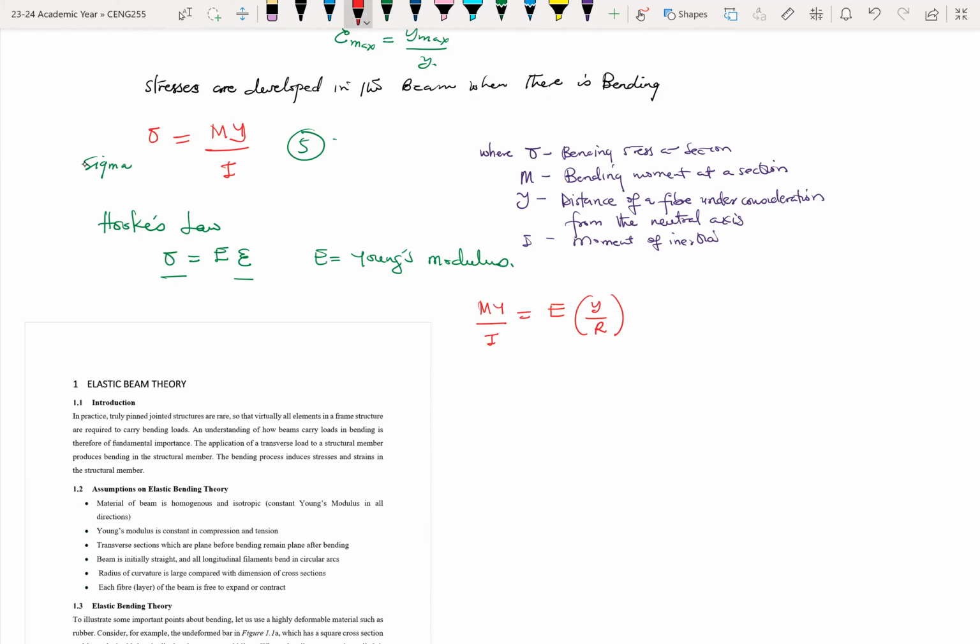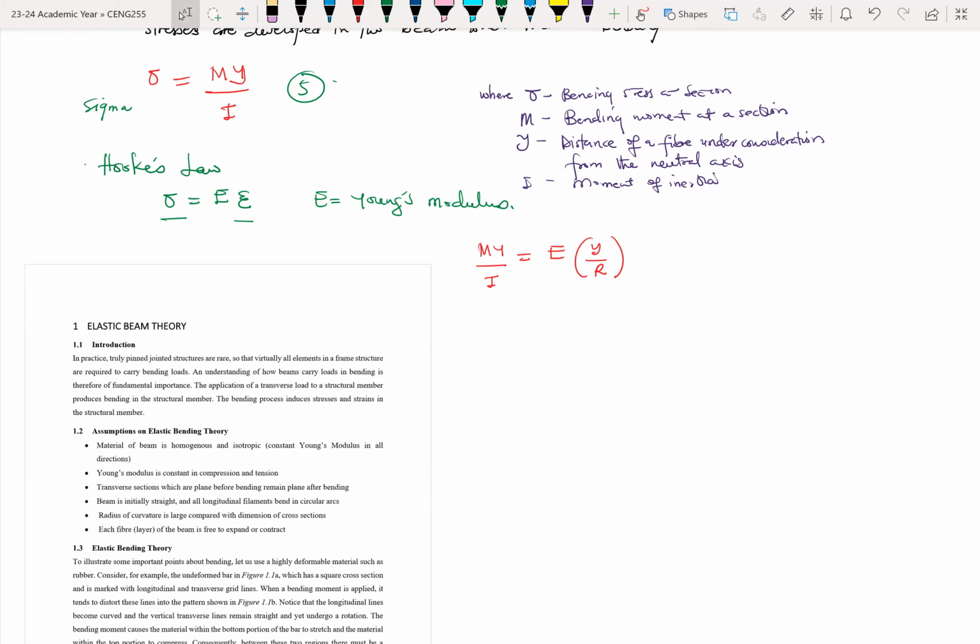From here, I can do a bit of manipulation and come up with some useful equations. Here, the y will cancel out, which means I have M over I equal to E over R, which means that 1 over R is equal to M over EI.